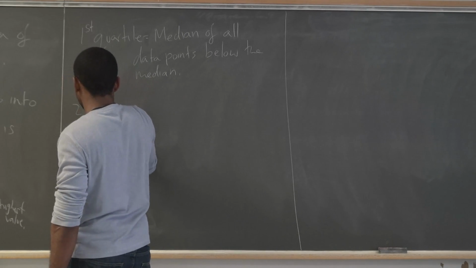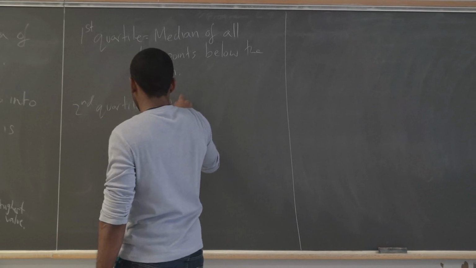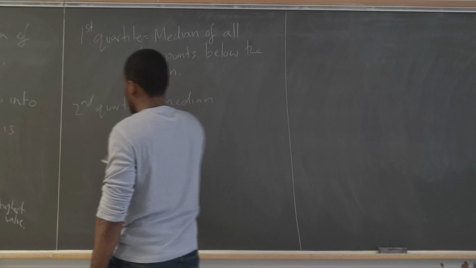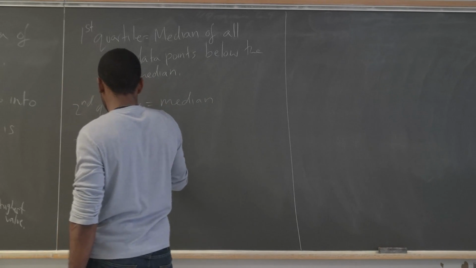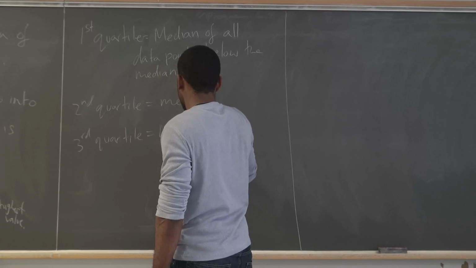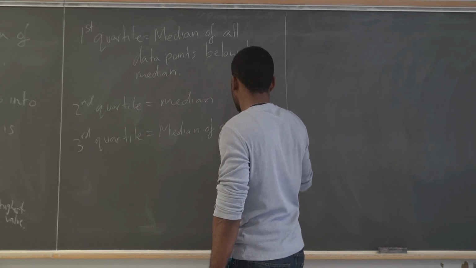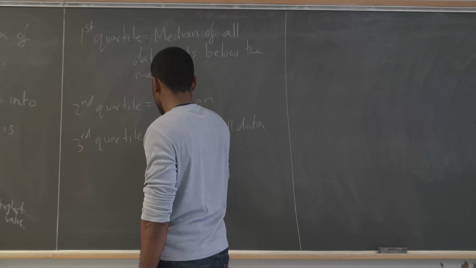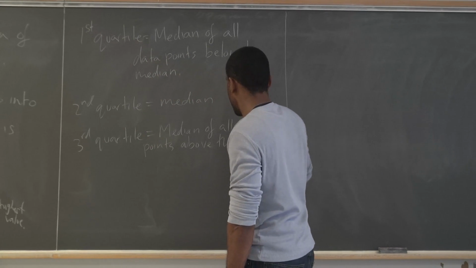Second quartile is actually just the median. Third quartile is the median of all data points above the median.